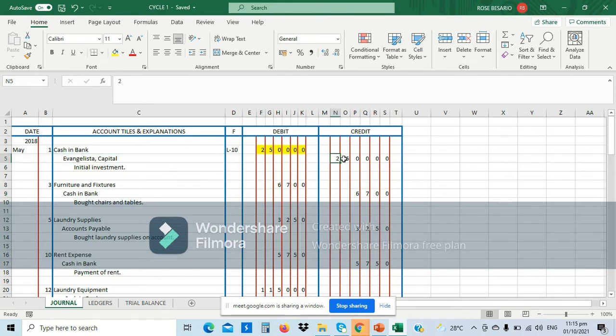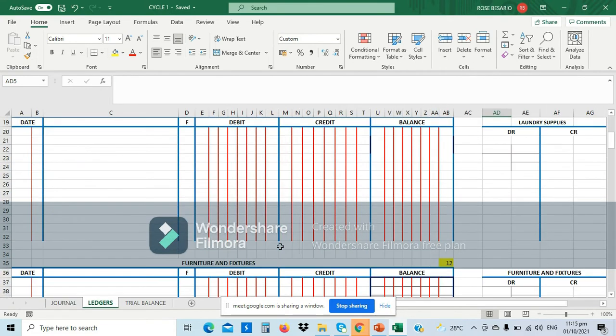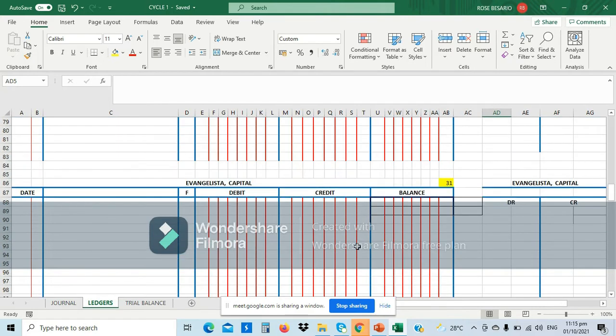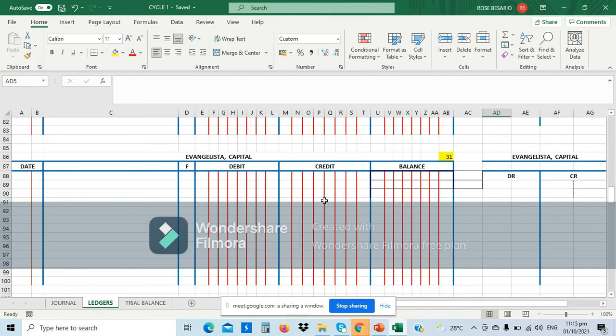So this is Evangelista Capital. We will now look for the Evangelista Capital ledger. So this is from here, Evangelista Capital. This is the ledger now, ledger number 31. So 2018, and then I also have here May 1.